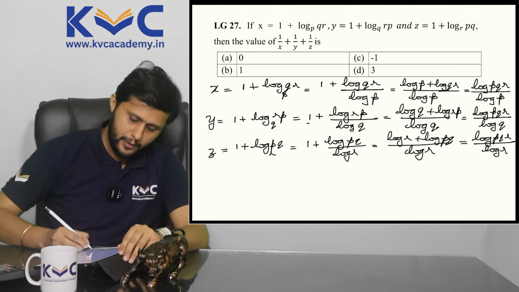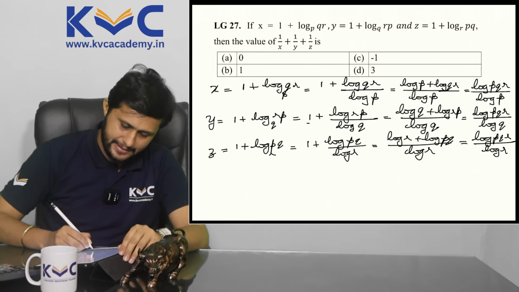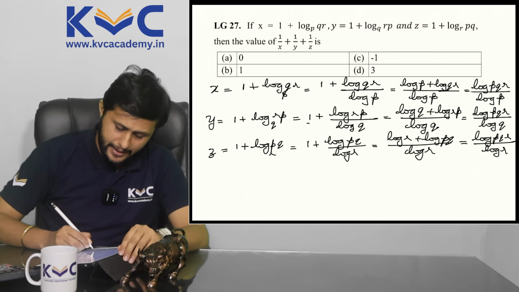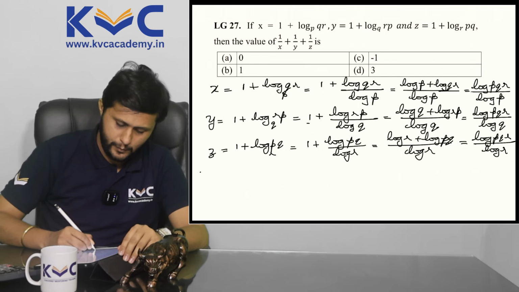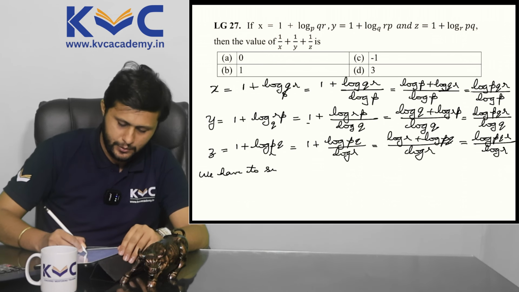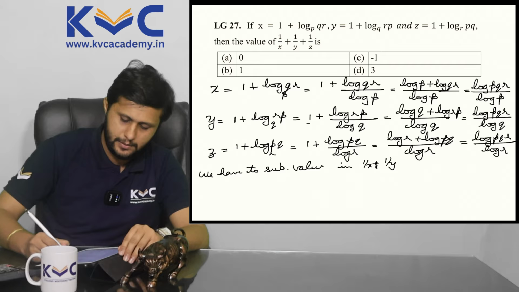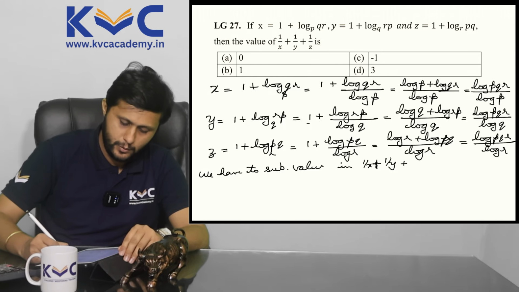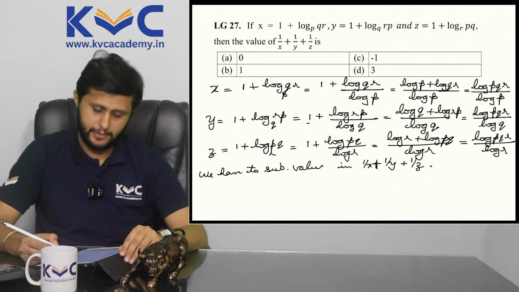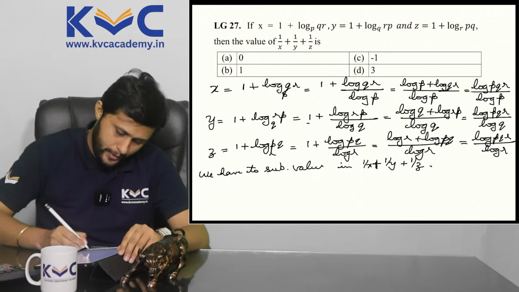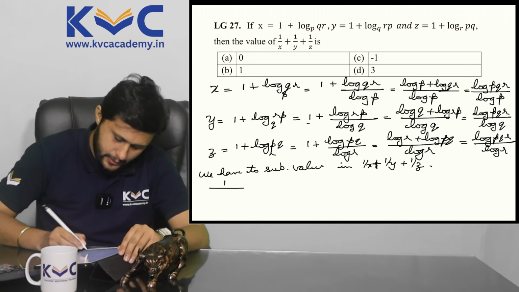Now we have to find the value of 1 by X, 1 by Y and 1 by Z. We have to substitute values in 1 by X plus 1 by Y plus 1 by Z. Okay, we'll substitute 1 divided by what is X equal to?